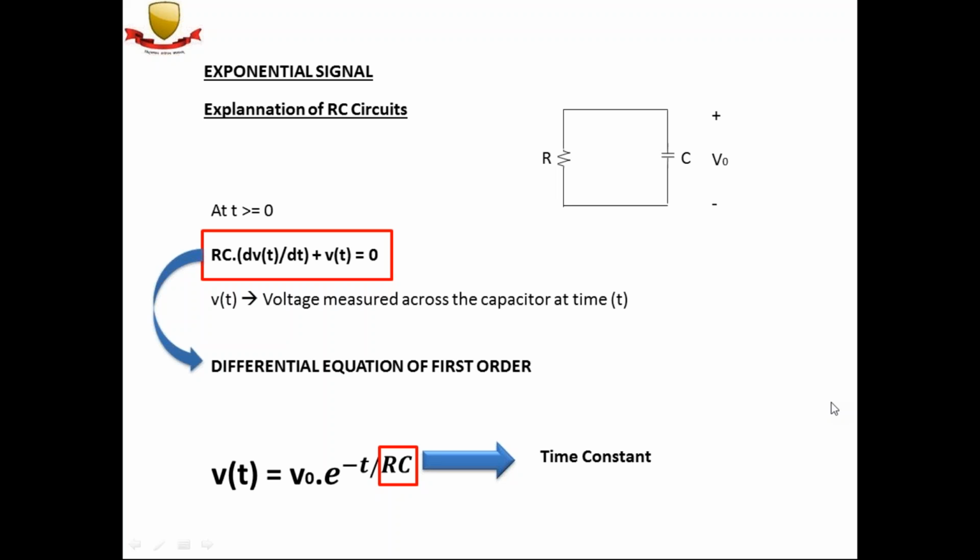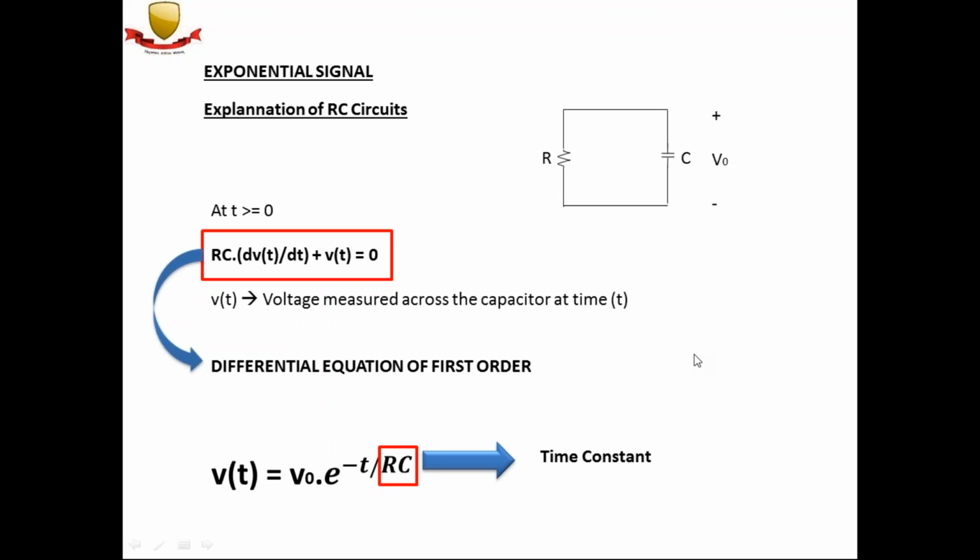As per this equation, the voltage across the capacitor decays exponentially with time at a rate determined by the time constant RC. The larger the value of the shunt resistor R, the slower the rate of decay of the voltage with time, that is, the less lossy the capacitor will be.